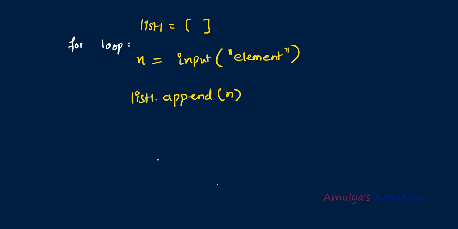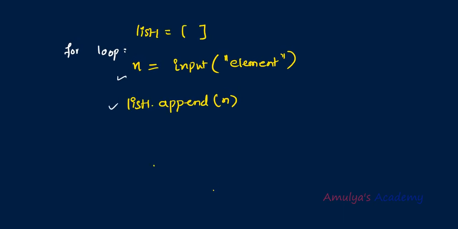If I take for loop to write this program, then first I need to know how many elements you want to enter to list1, and that many times we need to run the for loop body. So first we need to ask the user to enter how many elements he or she wants to enter to the list. Next we need to run the for loop that many times, n times, and we need to take the element from the user and append that.